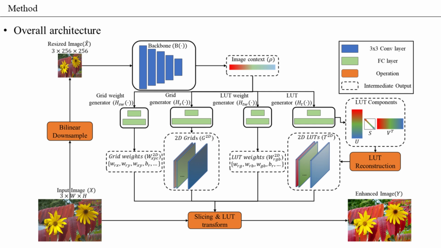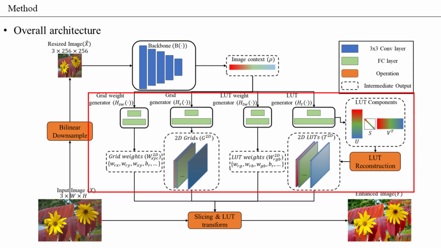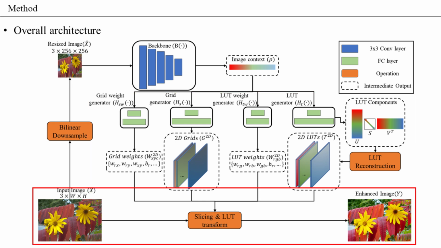This is the overview of our architecture. The backbone extracts image context from the resized image. Each generator generates a bilateral grid, LUTs, and corresponding outputs. Finally, an input image is enhanced by slicing and LUT transform at once.